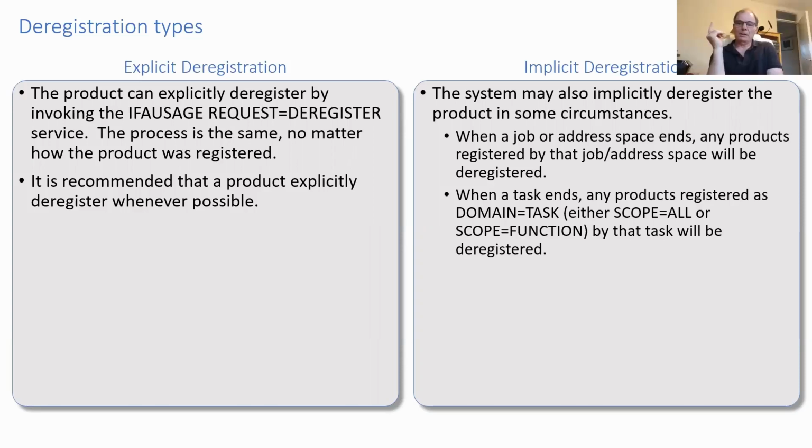So presumably then the key cases of those are going to be things like an abend or somebody cancelling the address space. We're going to have to do the deregister implicitly. Exactly. If something goes wrong under the address space or task, we'll catch that. We obviously do not want to leave products registered hanging around after the product has ended.